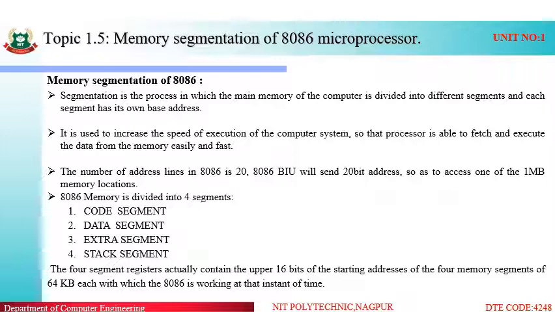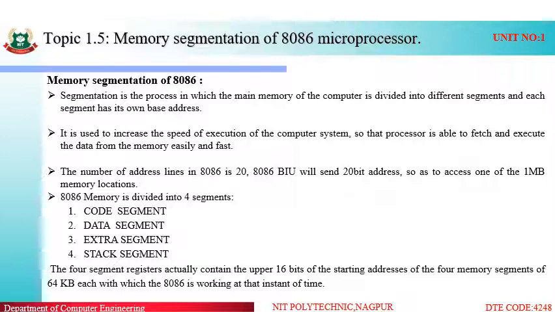That is, the code segment register will hold the starting address of the code segment. The data segment register will hold the starting address of the data segment of memory. The extra segment register will hold the starting address of the extra segment of memory. The stack segment register will hold the starting address of the stack segment of the memory.